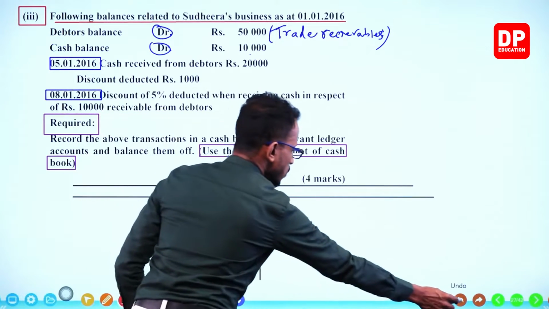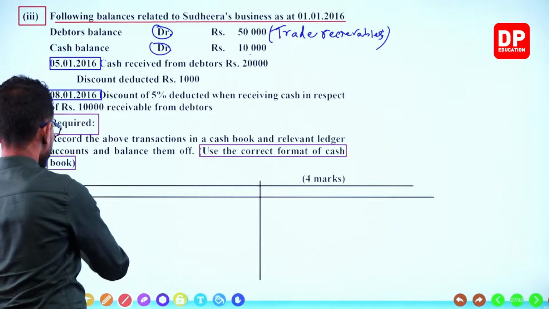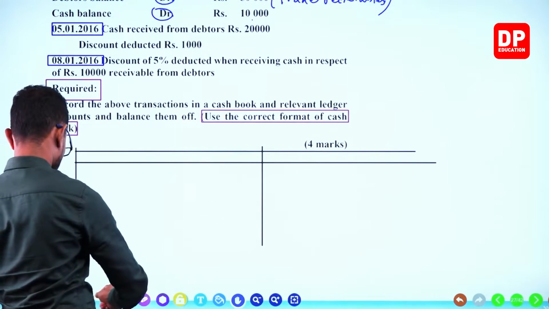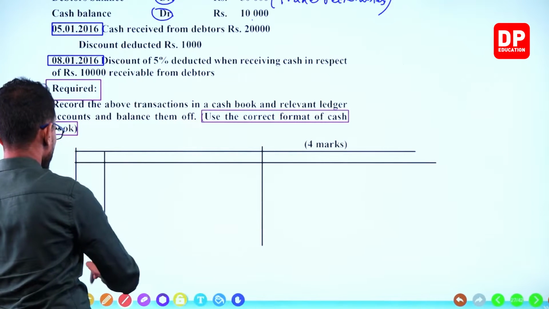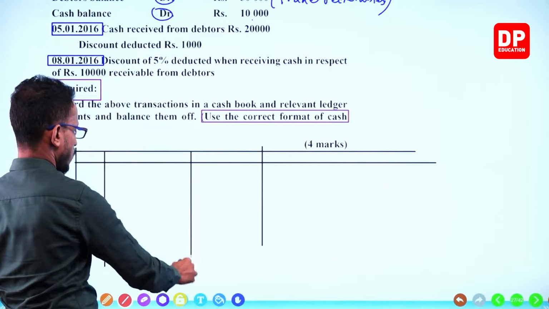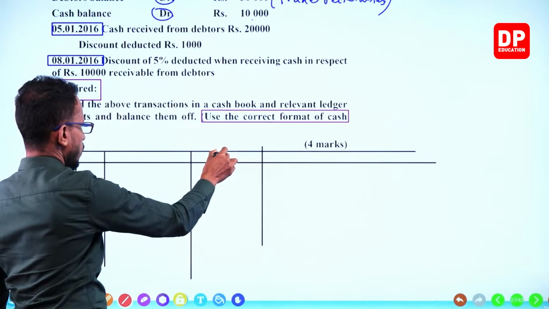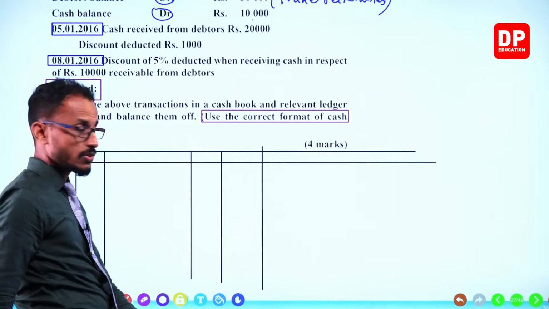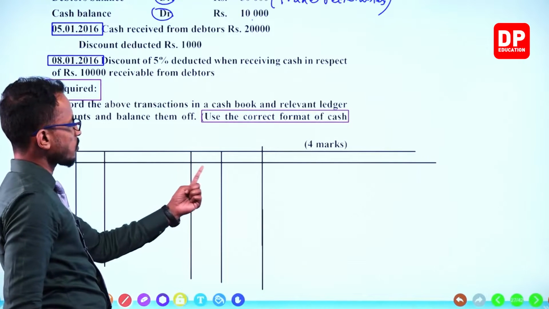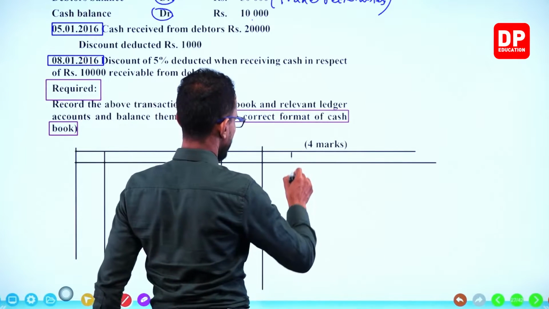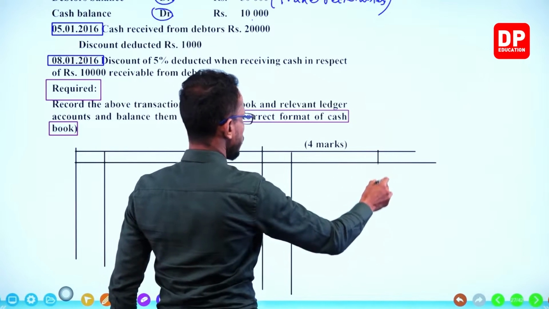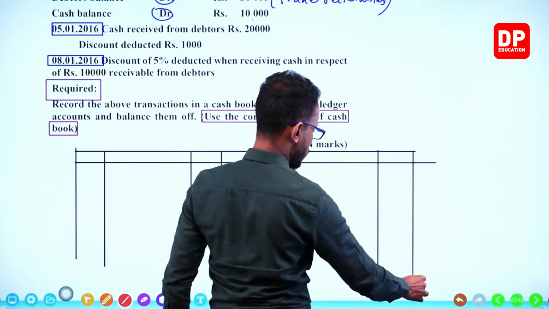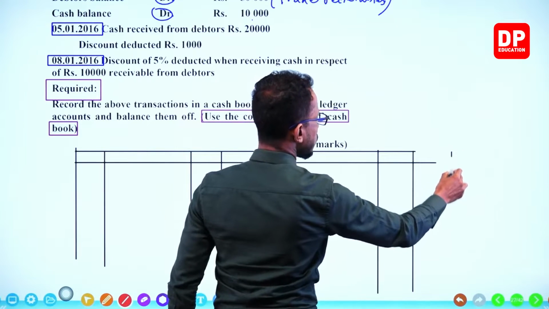Now I draw the columns. Date column. Description column. Ledger folio, it's not really necessary, okay. This is the discount column, this is the amount column. Again, credit side: date column, description column, discount column and the amount column.